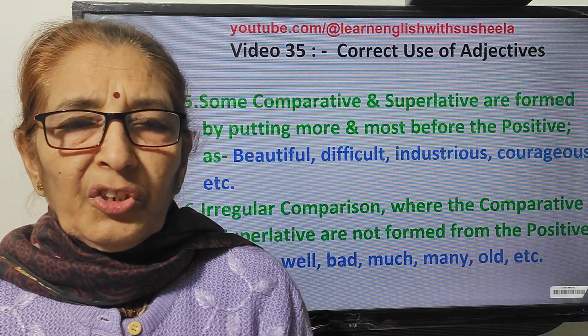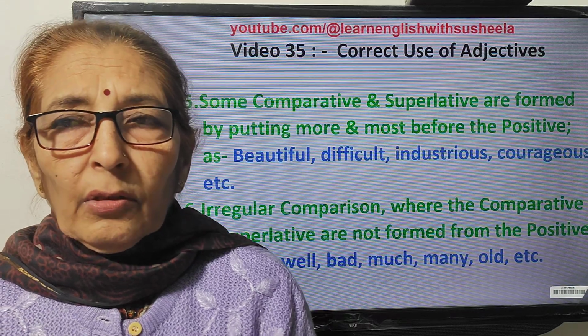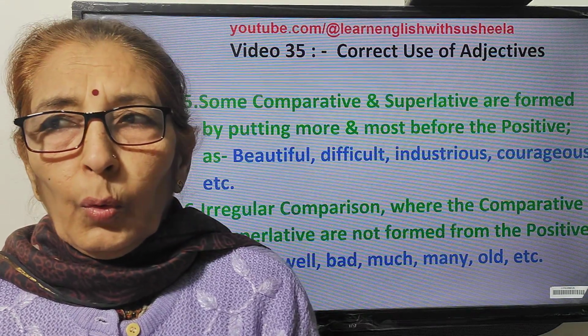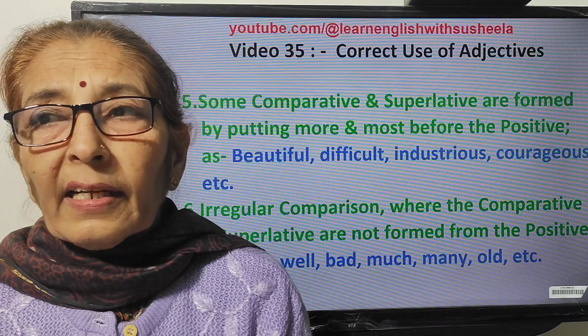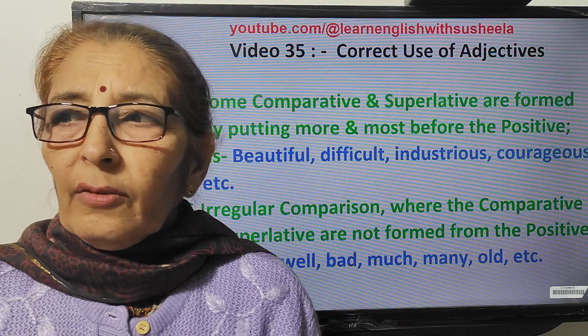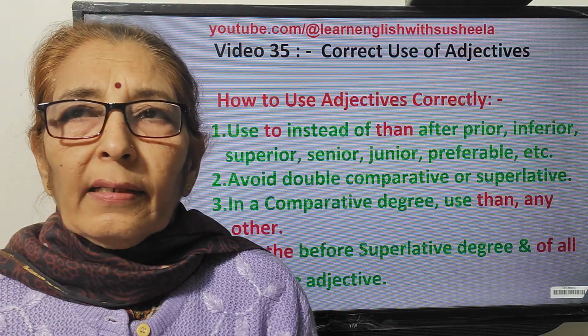For much we use more, most. And for many also the same: many, more, most. And old, older, oldest. And for old there can be elder and eldest also. I will be telling the difference between older and oldest, and elder and eldest.